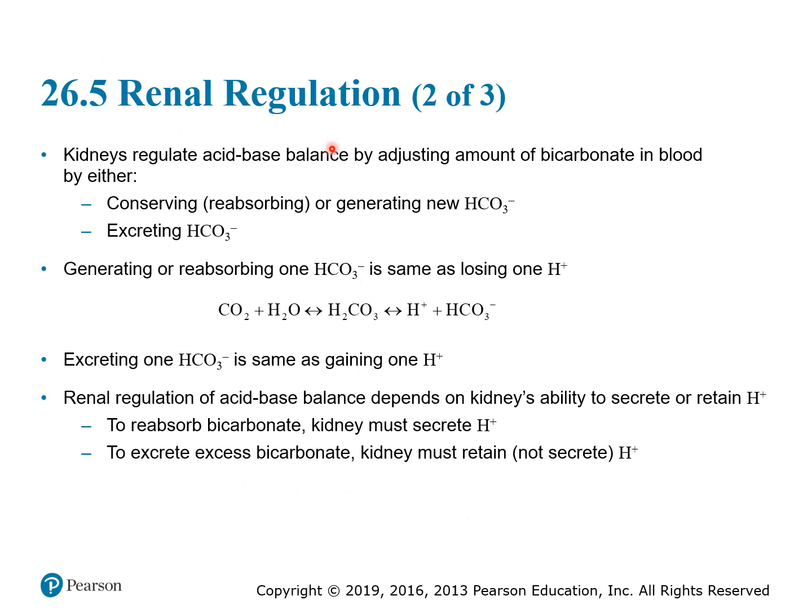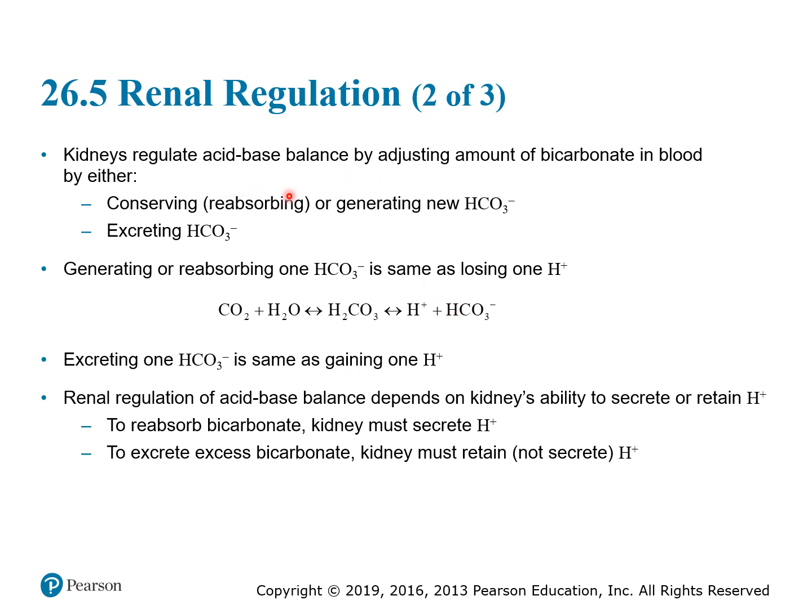Now let's see the renal regulation a little more. So kidneys regulate acid-base balance by adjusting the amount of bicarbonate in the blood. For the respiratory system, it was the carbon dioxide. For the kidneys, they alter the bicarbonate. They play with the bicarbonate. They either decrease it or they increase it.